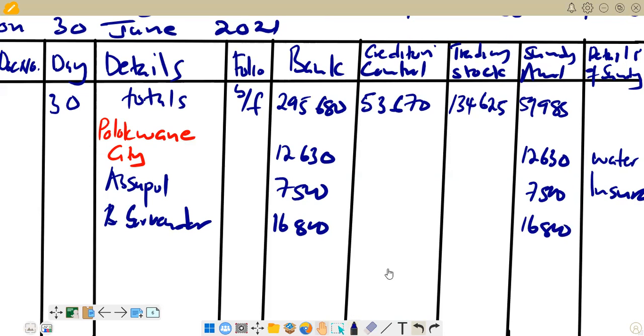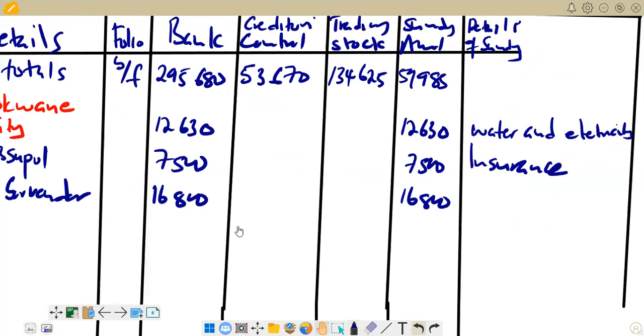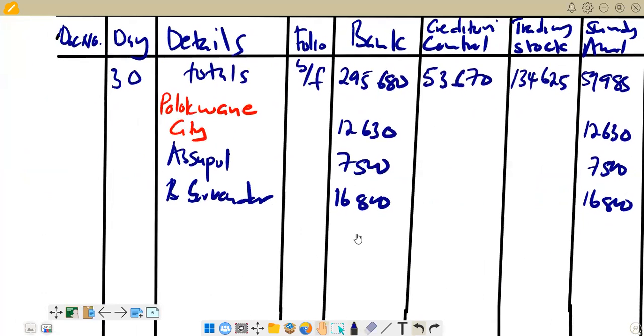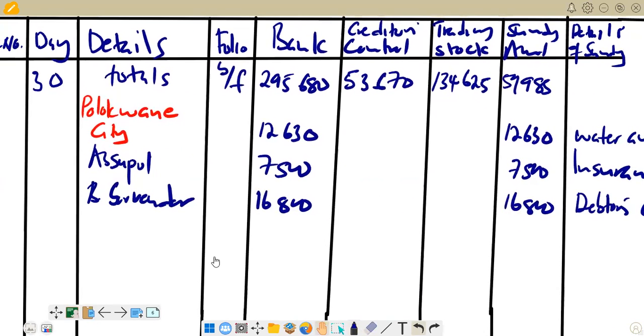And on the details part, we are saying this is for debtors control, because it's a check that was received from a debtor. So this is what we have, and then we can go and check the next transaction.